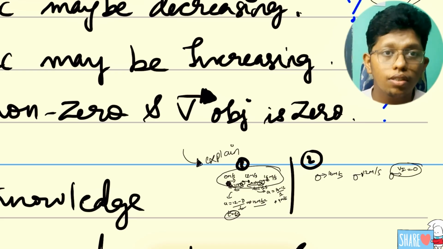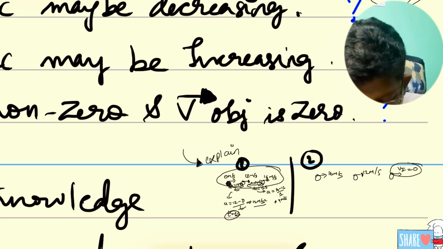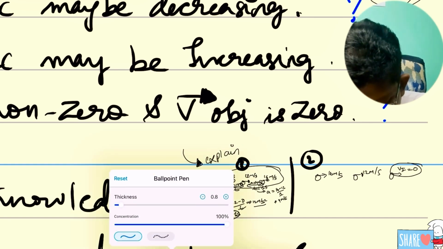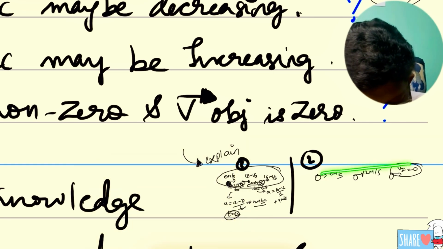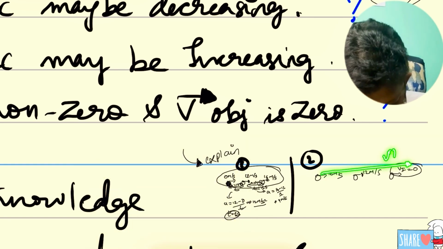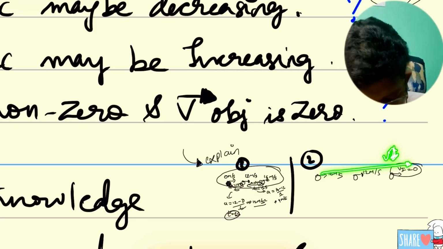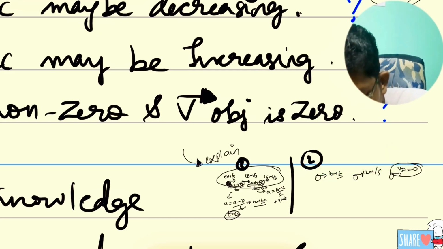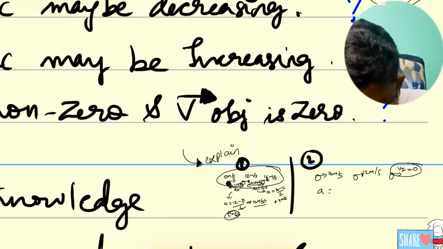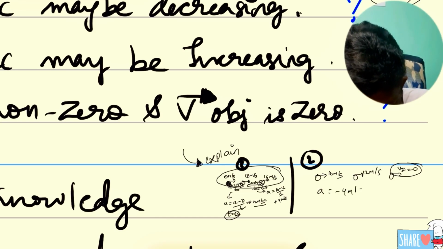The thing here is, from here to here, velocity is decreasing, right? Velocity is decreasing, but if you see the acceleration, here it is minus 4, and at last we got minus 12 meter per second square.